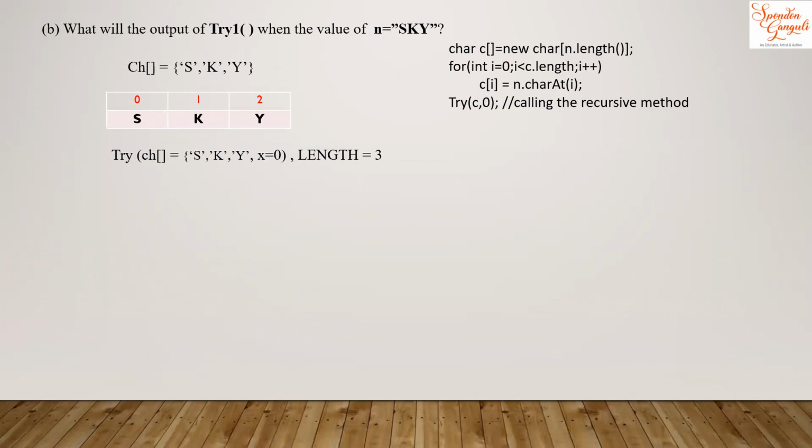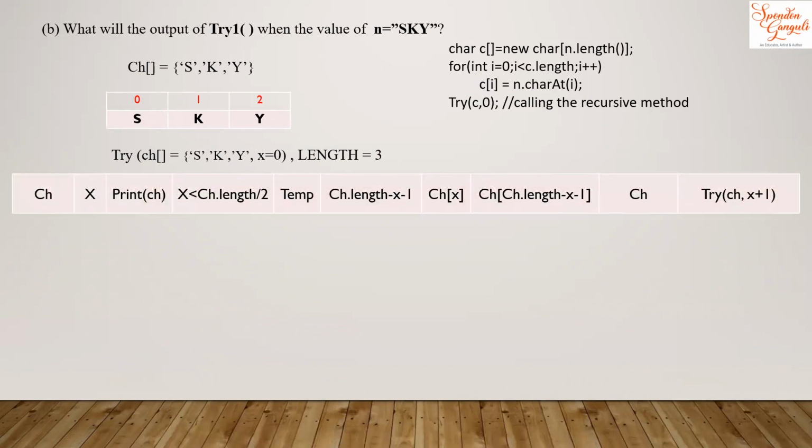It is swapping two characters. Let us see that. So the table remains the same: the character array, the value of x, print statement, condition, temporary variable, second index, two swapped characters in the array, final character array, and the recursive function call.